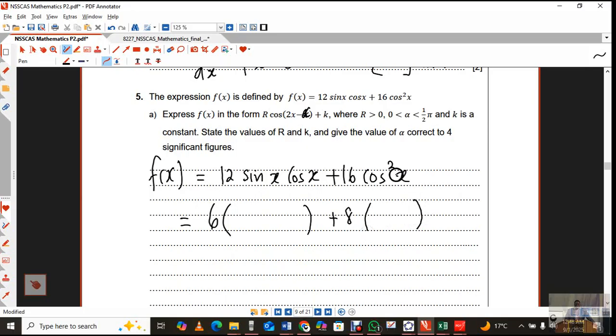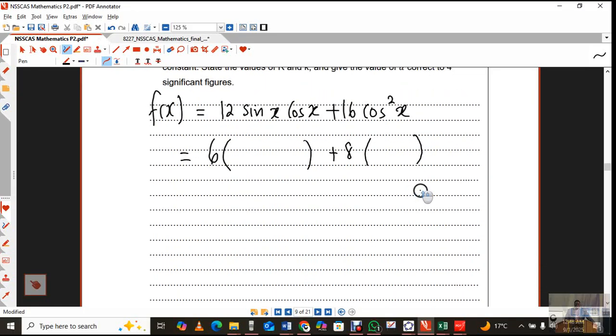So what I want to bring in is something called the double angle. For example, if you have the angle sine 2x, let me write what that double angle is. Sine 2x is the same as saying sine x plus x.